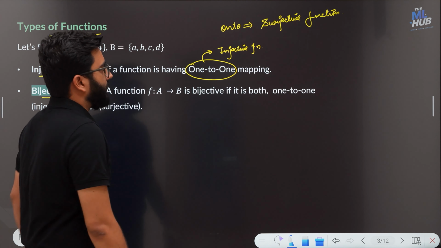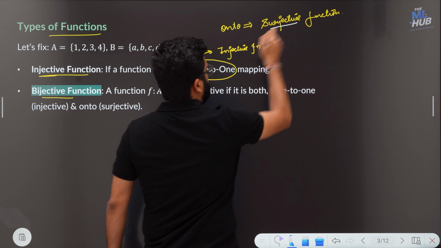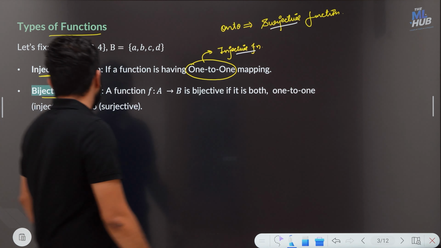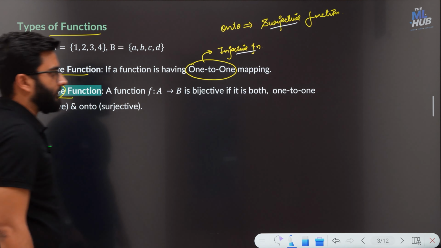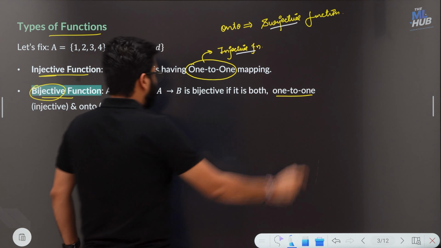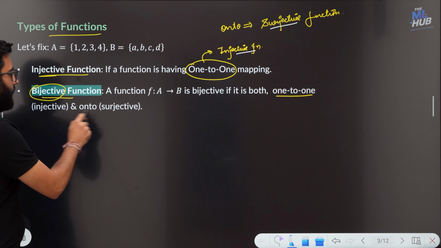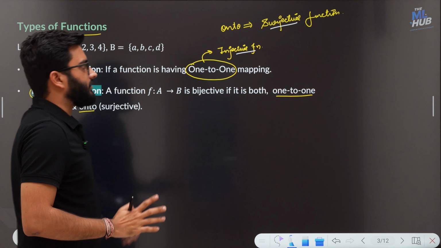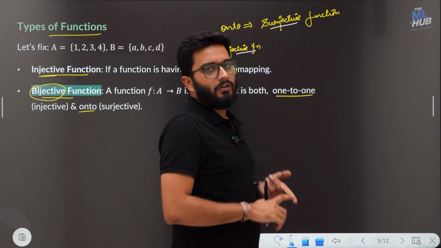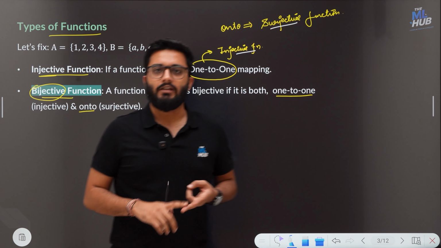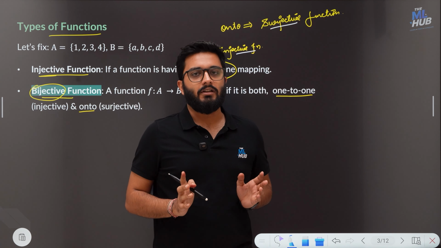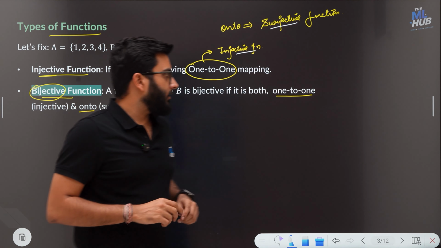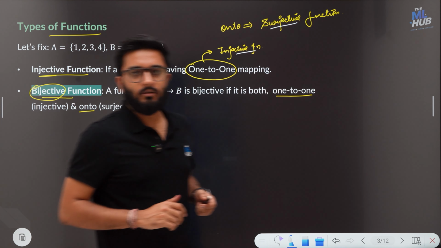And if a function is both surjective and injective, then it is known as bijective, both one-to-one and onto. So if you encounter these terms, onto function, into function, codomain, range, injective, surjective, bijective function, it should be very clear to answer problems involving these terminologies.